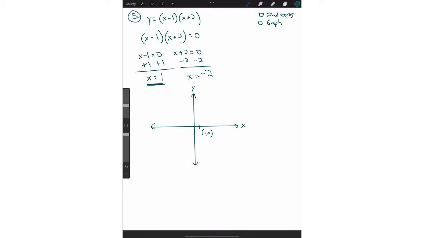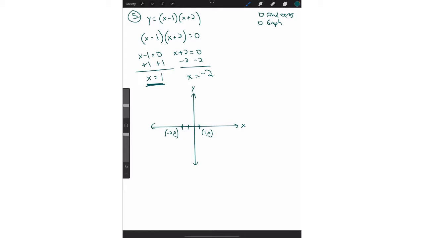That's where x equals 1 is. Notice this is my x-axis, so x equals 1 is at 1, 0. X equals -2 is over here at -2, 0. That's why it's called finding your zeros, because you find your 0: 1, 0 and -2, 0.